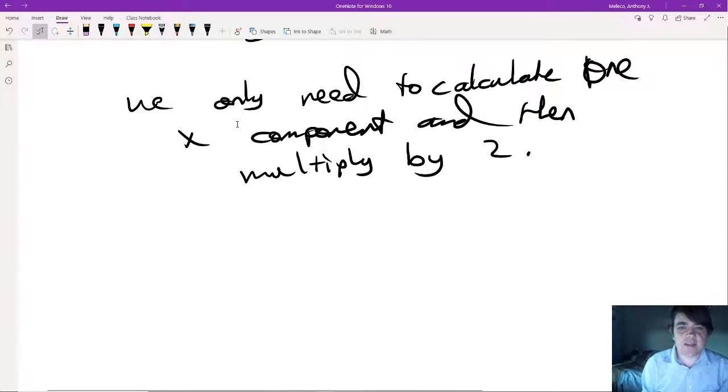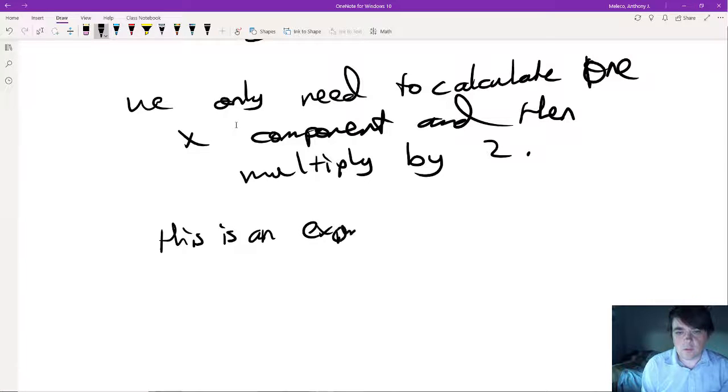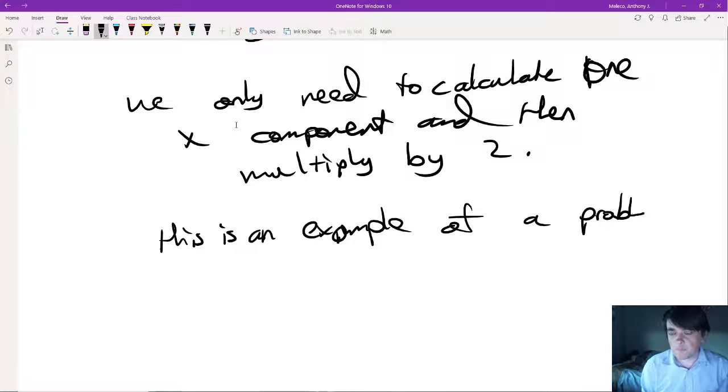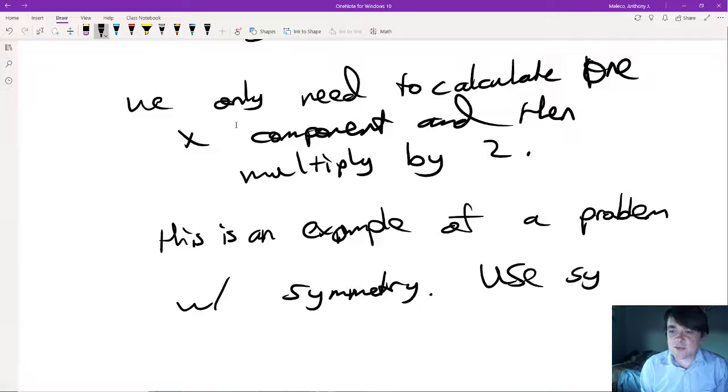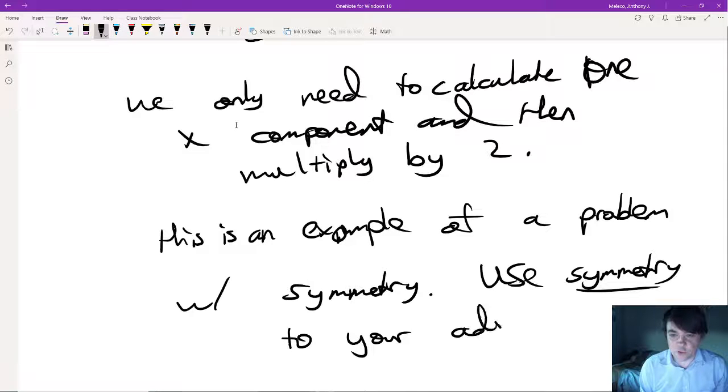So this is an example of a problem with symmetry. If you see this, use symmetry to your advantage, okay?